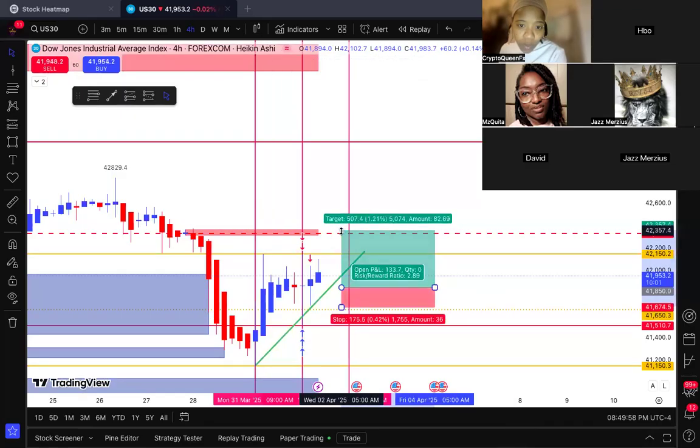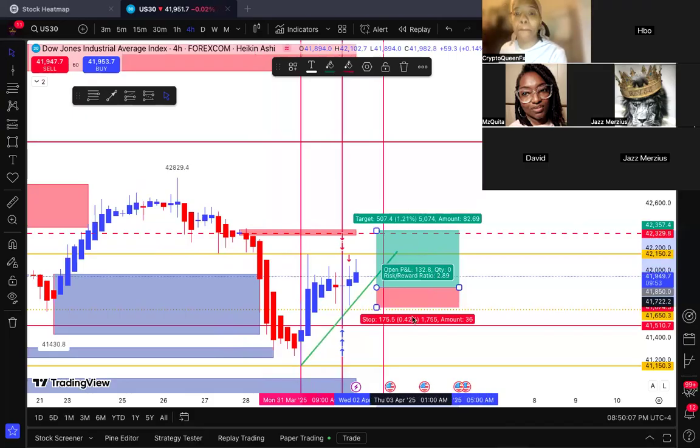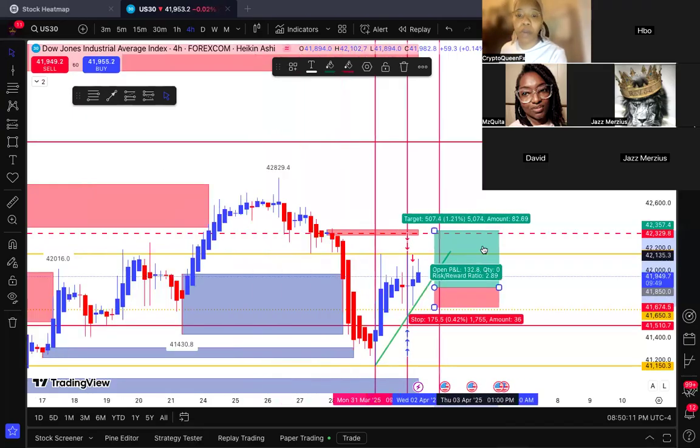Not just wick above it, but break this order block. Break this area right here with force. But it's probably going to make a new high. Definitely. Because it came here and rejected earlier and sold off.